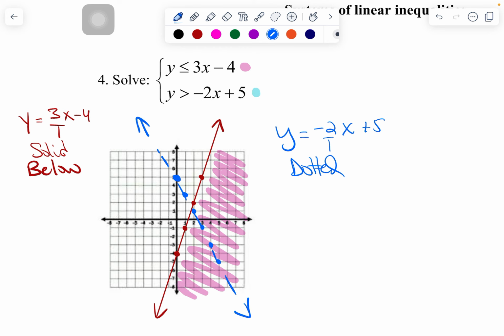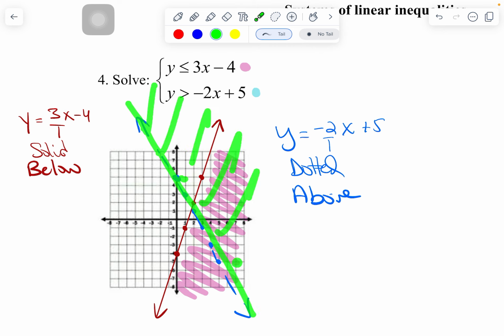Okay, so that's dotted or dashed. And then am I going to shade above or below? So my inequality here is greater than, so that means I'm going to be shading above. So from my boundary line here, I want to be shading above that boundary line.